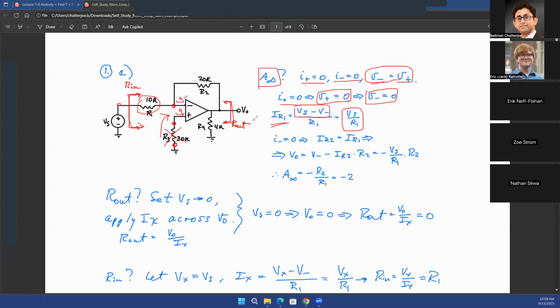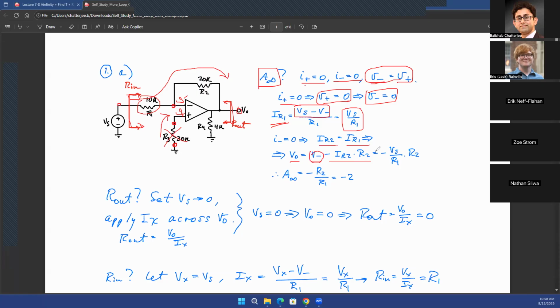Okay. Now again, no current can go into the op amp. So all the current that is flowing through R1 has to flow through R2. So IR2 is equal to IR1. And from there, you can find out what is going to be your output voltage. VO is going to be V minus minus IR2 times R2. Now V minus is equal to 0.